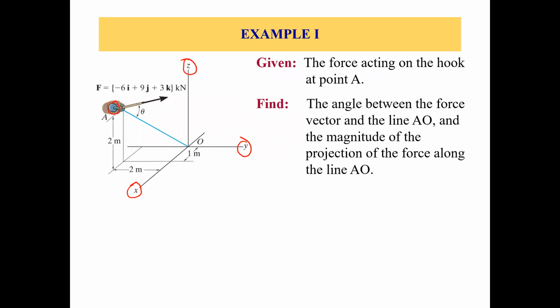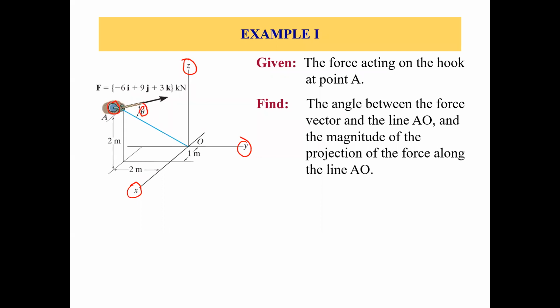So what is given? The force acting on the hook at point A. What do we need to find? We need to find the angle between the force vector and line AO, which is shown by this angle theta here.